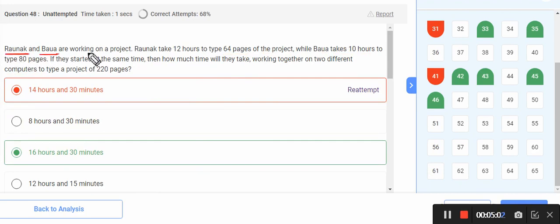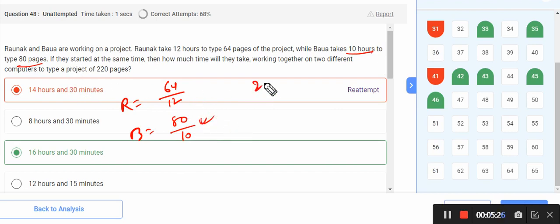Okay, Ronak and Bawa are working on a project. Ronak takes 12 hours to type 64 pages, right? So per hour they are typing this many pages. This is for Ronak, and for Bawa it is 80 pages in 10 hours. So per hour is typing this many pages, right?